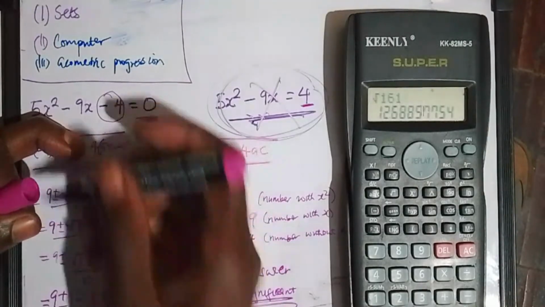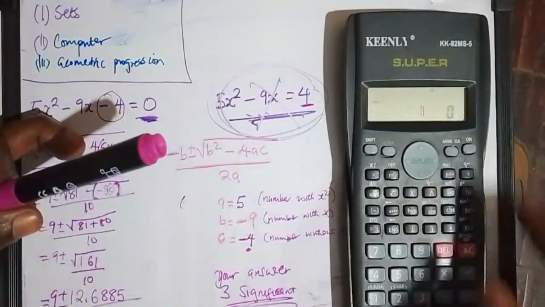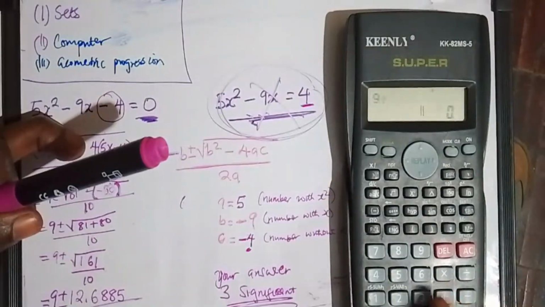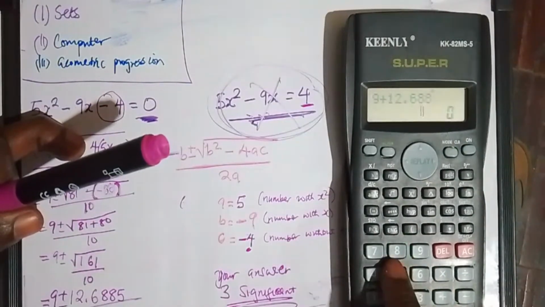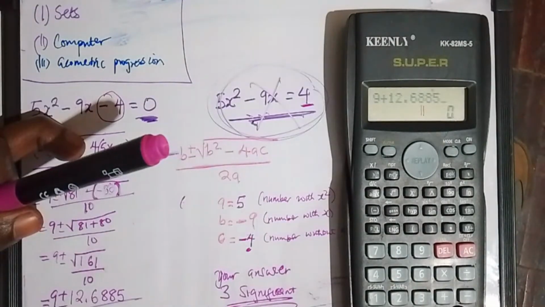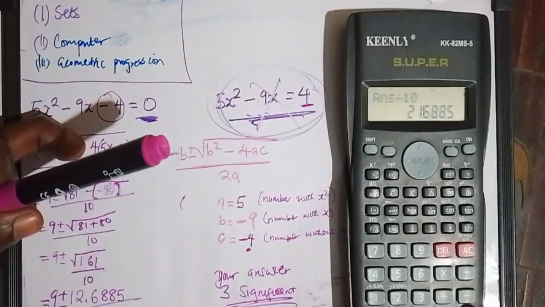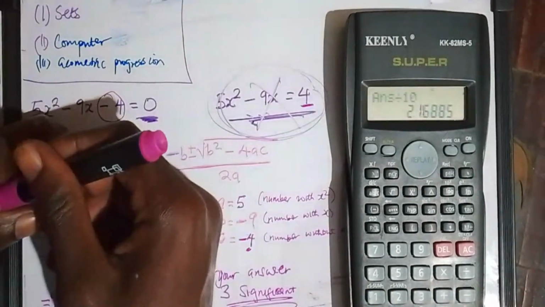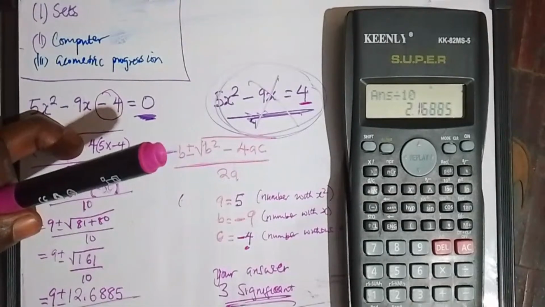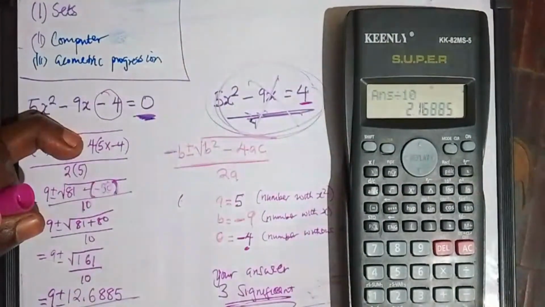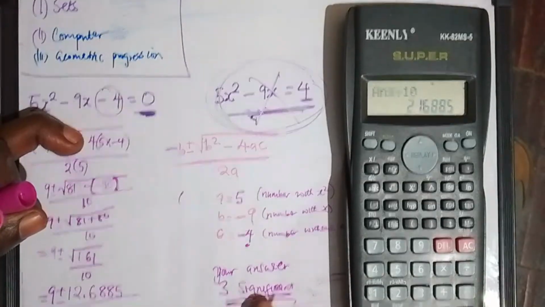X is equals to, so now if we say 9 plus 12.6885 equals divided by 10, you are having what? We're having 2.168.